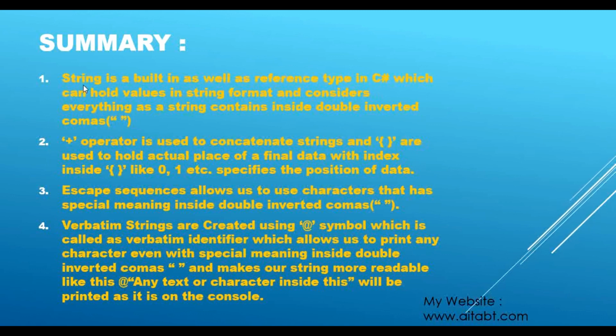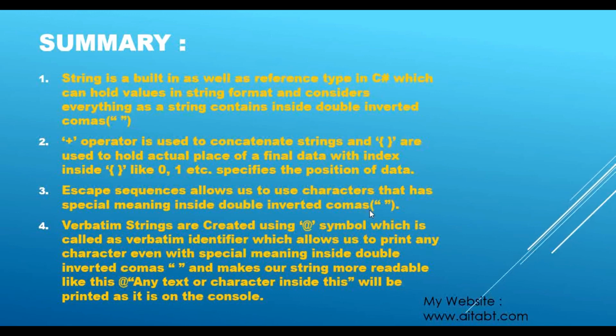The plus operator is used to concatenate strings, and the curly braces hold the place of the final data with an index inside, like 0 or 1, that specifies the position of the data. These are called placeholders, which we have also seen.